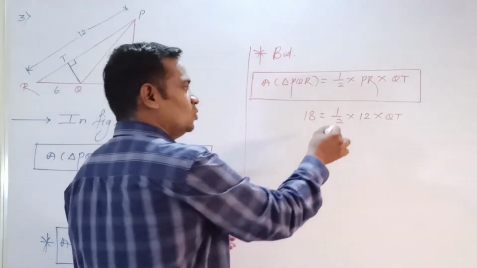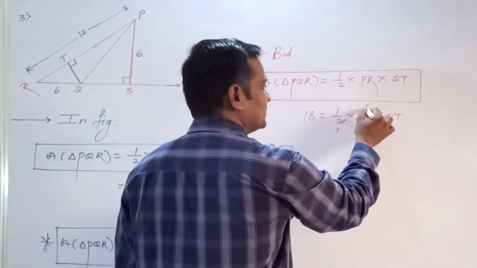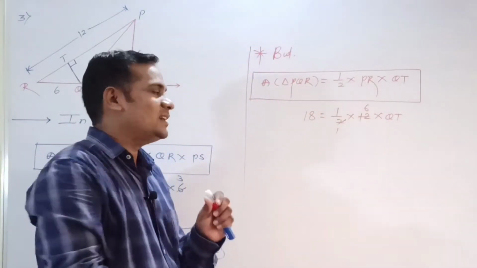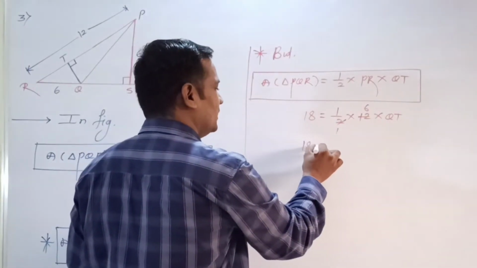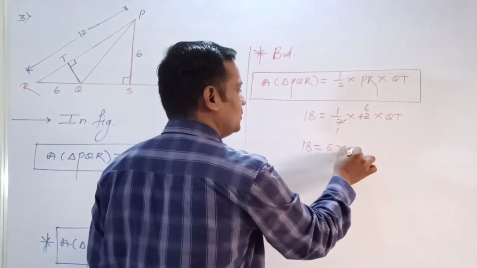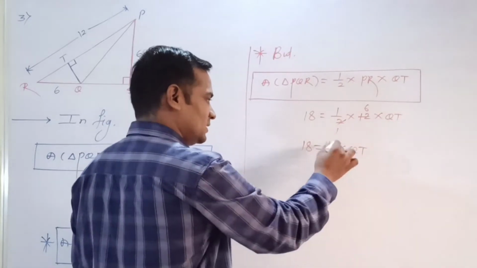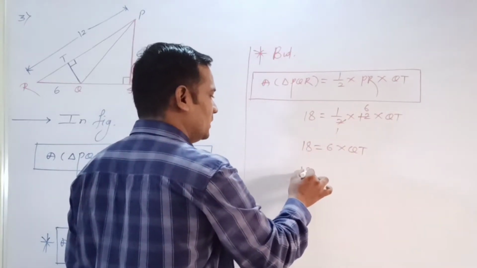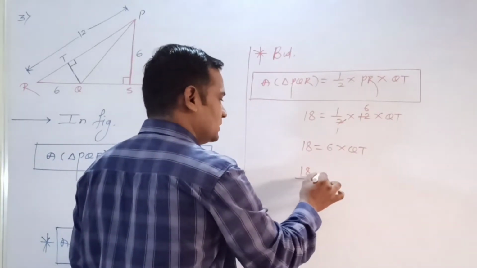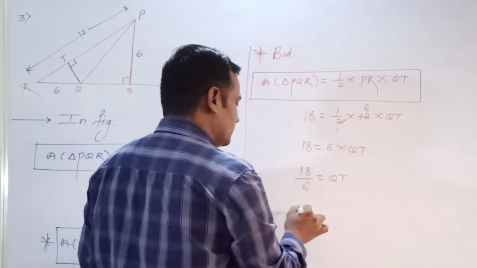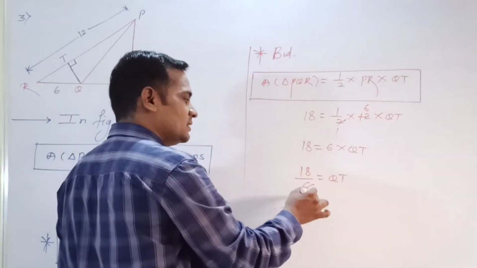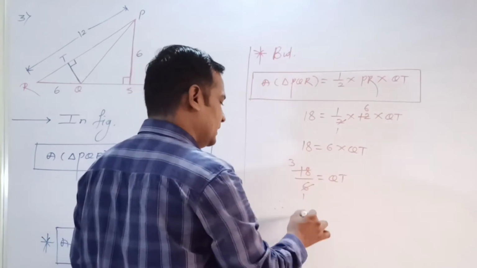So 2 ones are 2, 2 sixes are 12. So which are the remaining things? Here it is, 18 is equal to 6 into QT. So 6 will go to the LHS, so it will become 18 upon 6 is equal to QT. Therefore 6 ones are 6, 6 threes are 18.